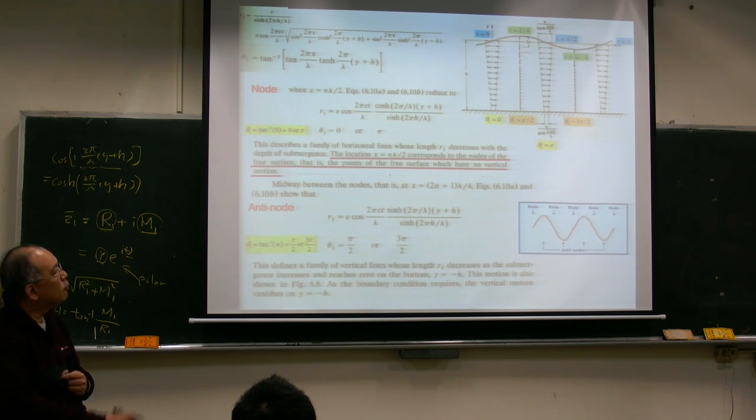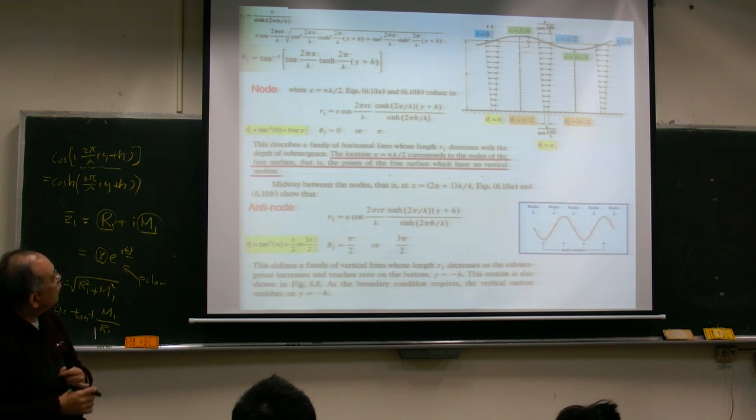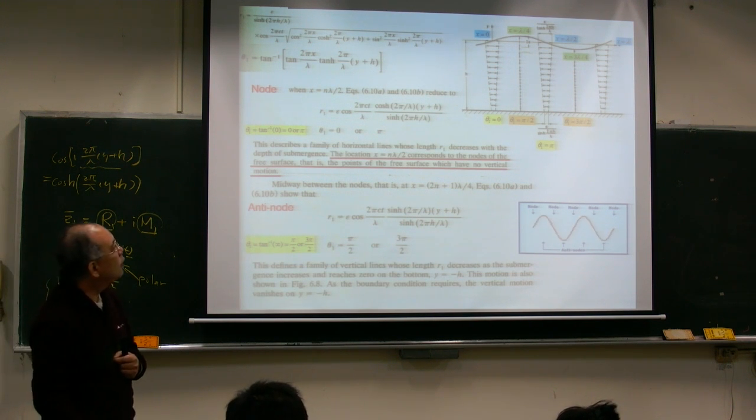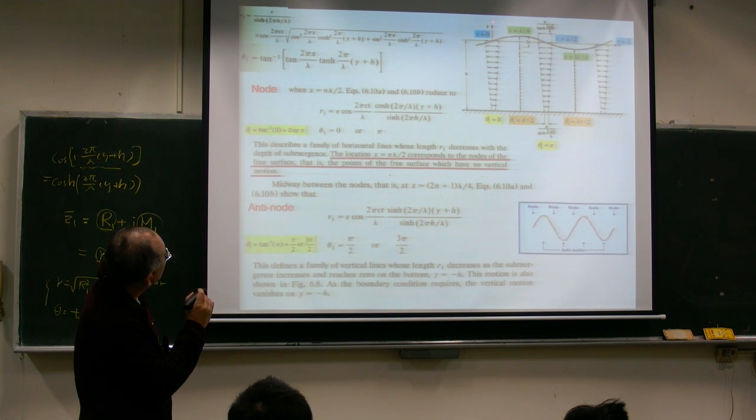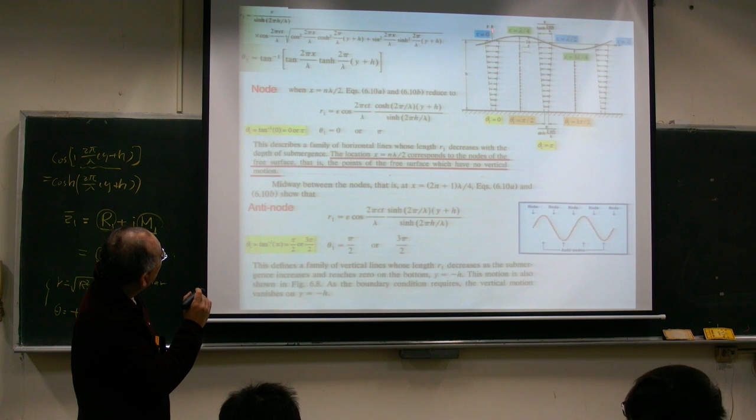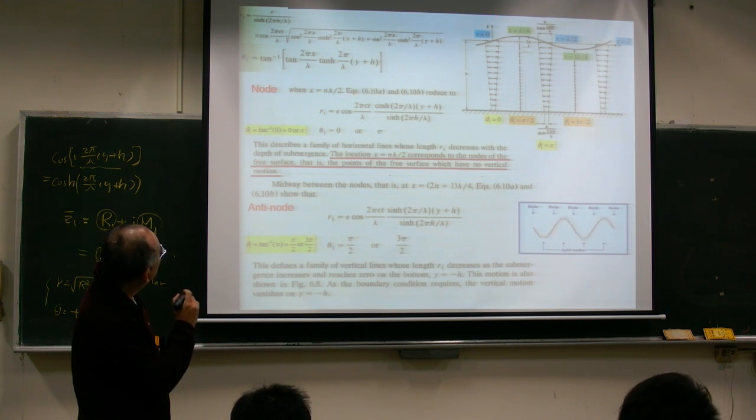This theta 1 will be 0. And then if you check, where is the location for x equal to n lambda over 2? When n equals 0, x equals 0, the location is here, right? When n equals 1, x equals lambda over 2, just half wavelength.